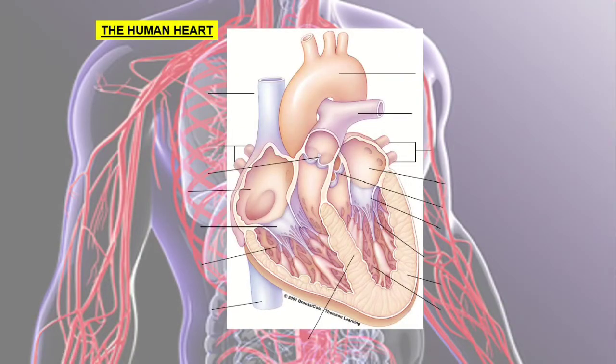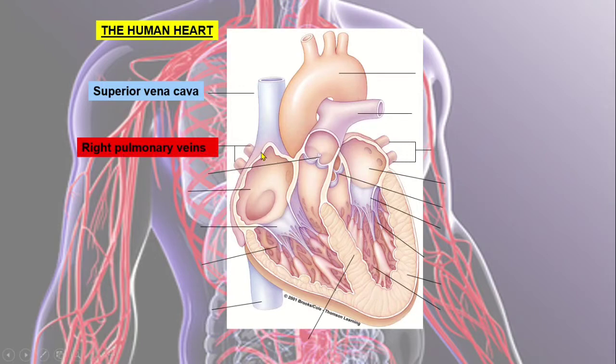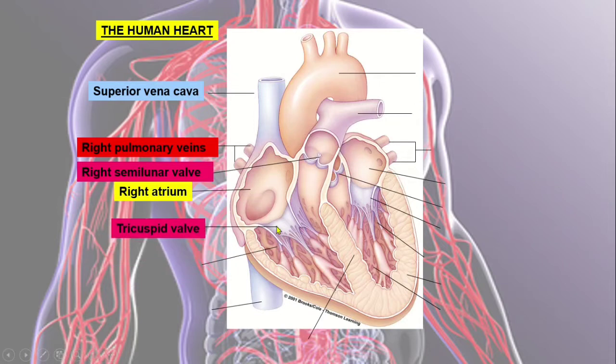This is the structure of the human heart. So let me label together. This is the superior vena cava. This is the right pulmonary vein, right semilunar valve, right atrium, tricuspid valve, right ventricle, posterior vena cava.